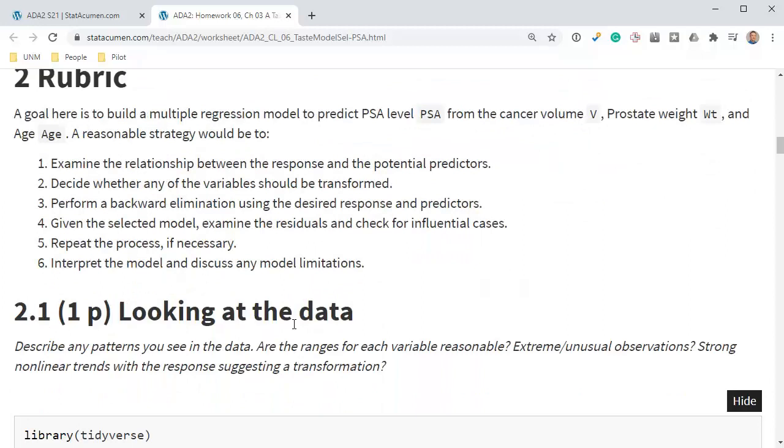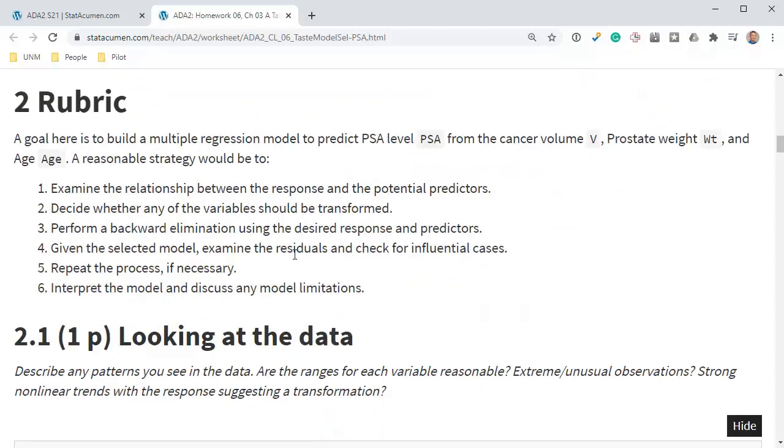The rubric here is similar to assignment 5: build a multiple regression model to predict PSA from those other three variables: the volume, the weight, and the age. And this strategy is the same as what was in Class 5.